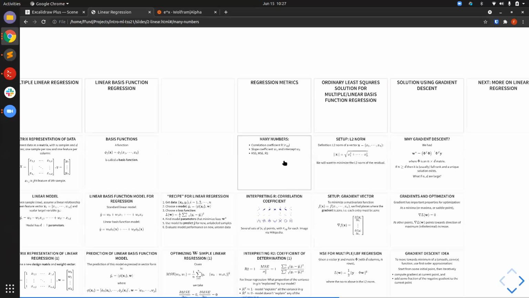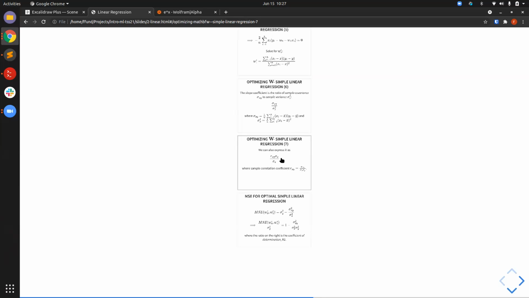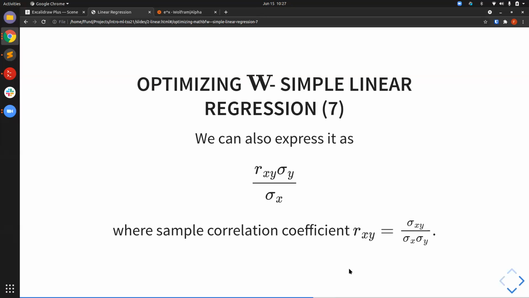I'll remind you of the definition of R. Okay, so this is R. Does the correlation coefficient depend only on the data or also on the model? Take a few more seconds to answer.